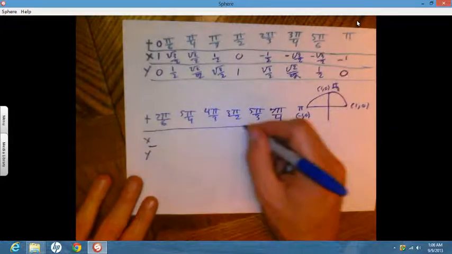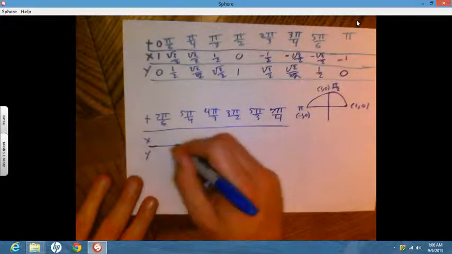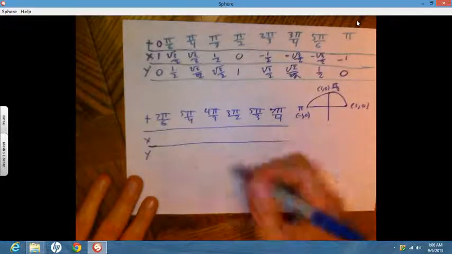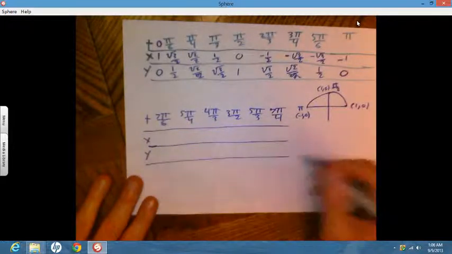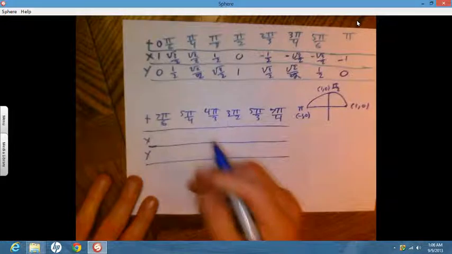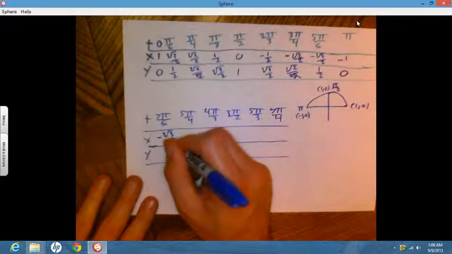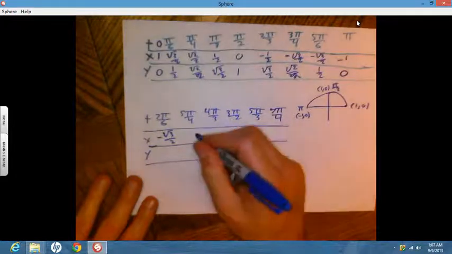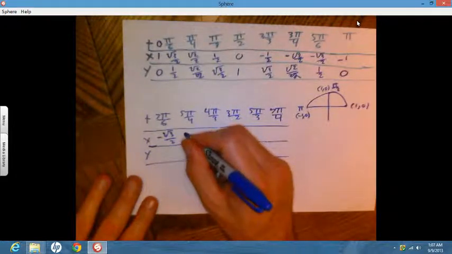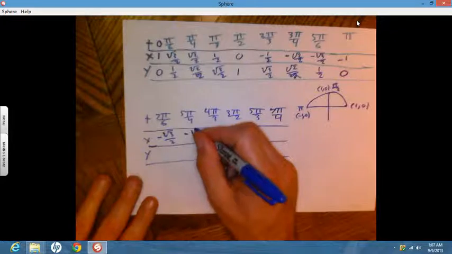The x value is going to be negative square root of 3 over 2, and then negative square root of 2 over 2, and this is going to be negative 1/2, and 0.